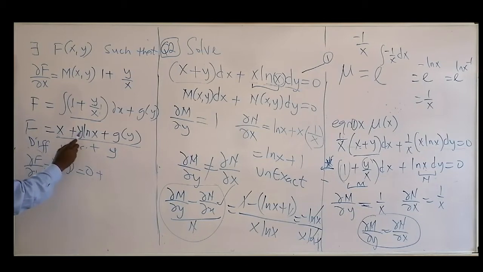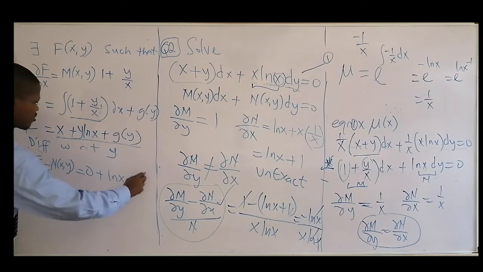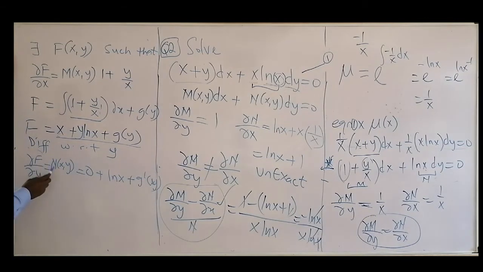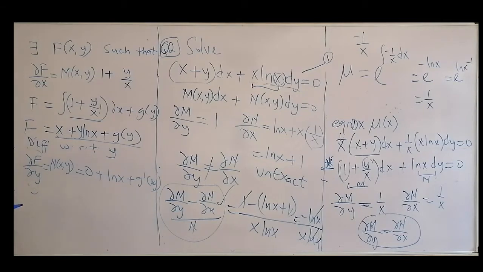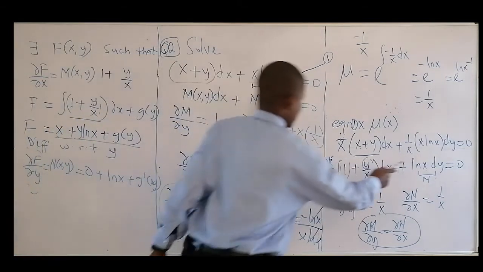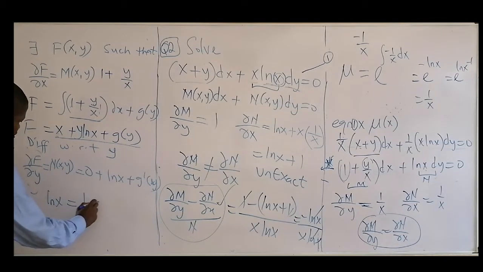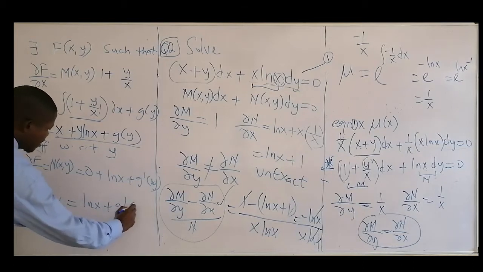Then plus, with respect to y, you just have ln x, plus g prime of y. Then n as a function of x comma y, we have a value for that, which is ln x. So ln x equals ln x plus g prime of y.